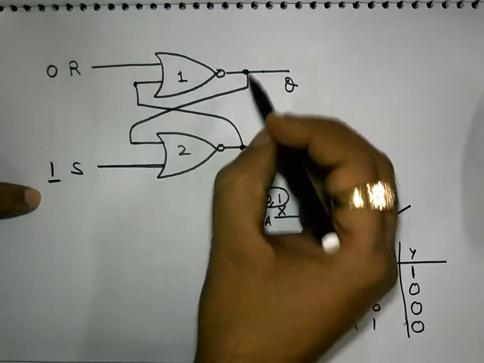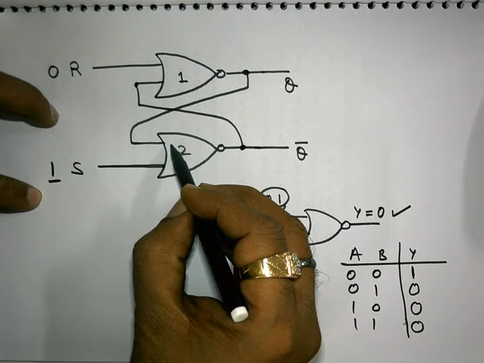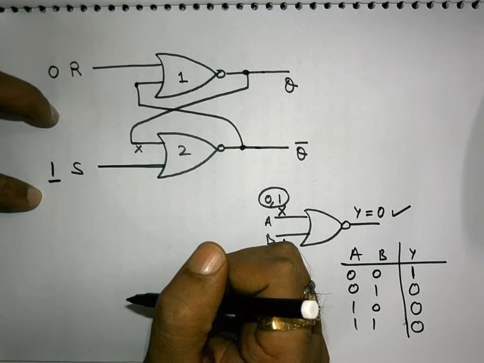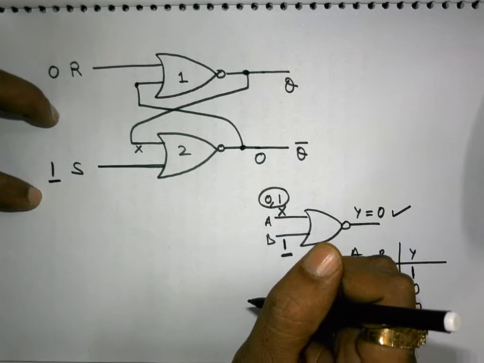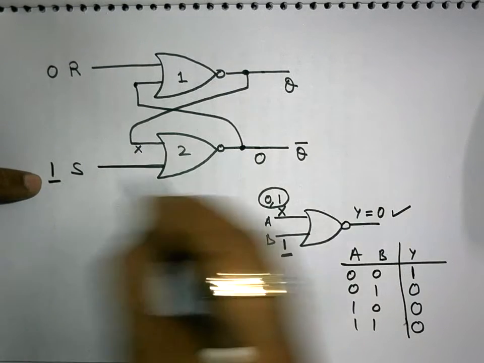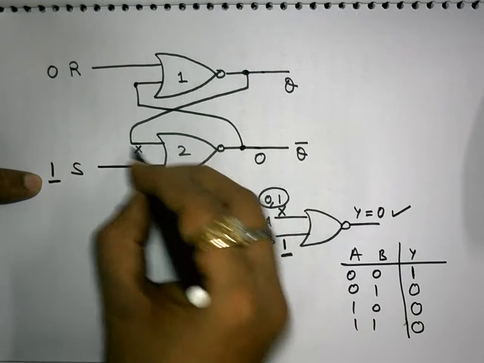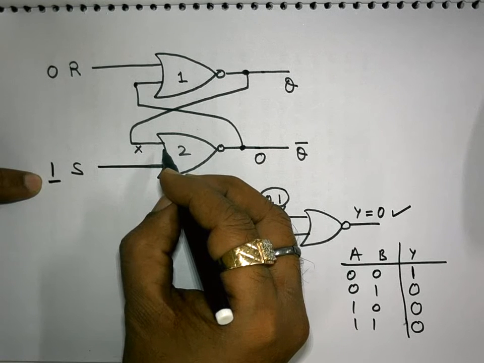Okay. So what input is coming from this output of gate number 1 is needless to see. As and when we apply 1 over here, we will get 0 at the output of this. Something will come at the input of gate number 2, and this something will be either 0 or 1.